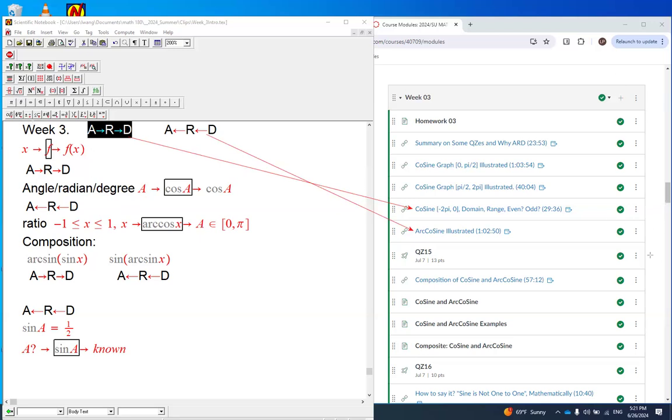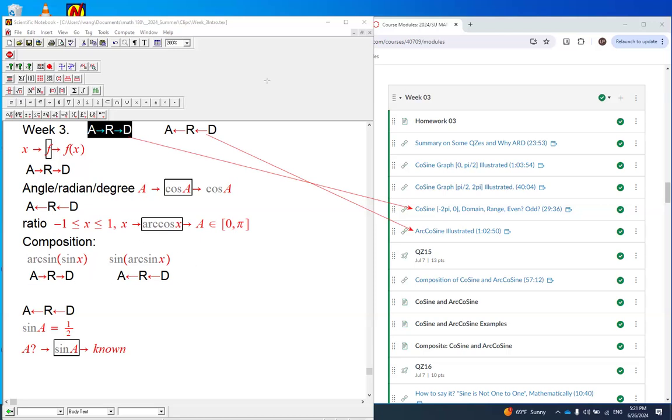Graphing, all of these are A to D, and arc cosine is D to A, right? And composition. Where do we see composition? Composition is right here.